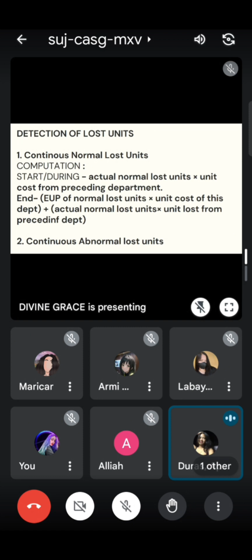The computation for start or during: actual normal loss units multiplied by unit cost from preceding department. And in the end, EUP of normal loss units multiplied by unit cost of this department, added to actual normal loss units multiplied by unit cost from preceding department.